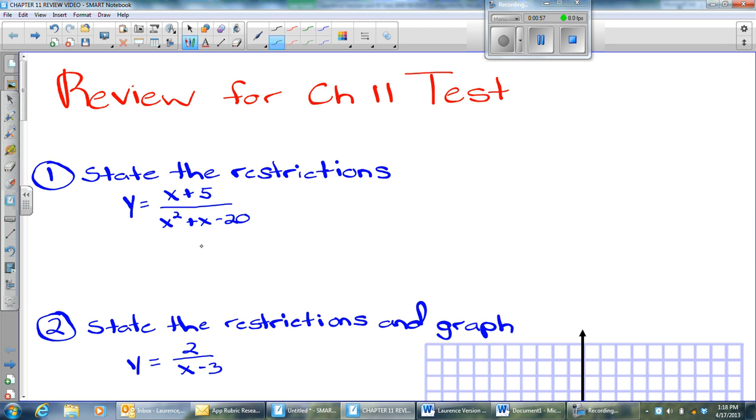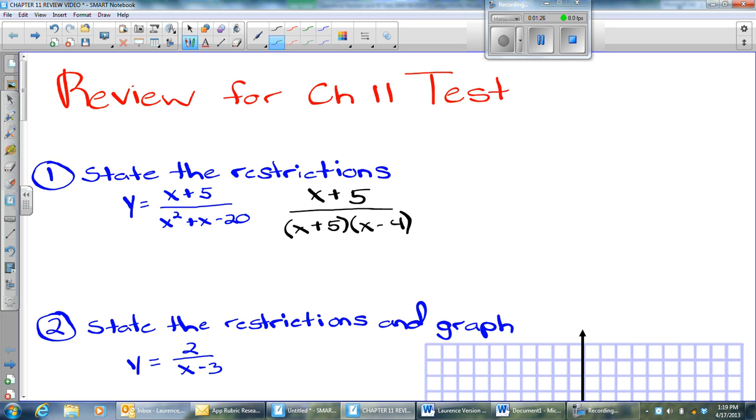Now, some of you did not understand this question, so it's super easy and you made it harder than it should be. For this one, all we have to do is factor the denominator. When we factor the denominator, we get x, the quantity x plus 5, quantity x minus 4.